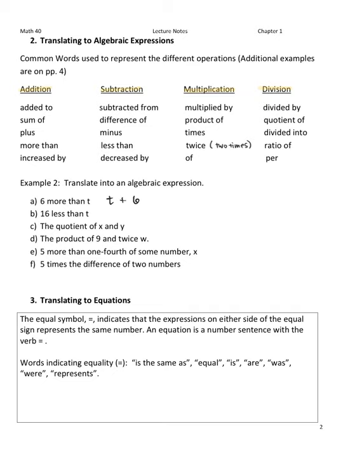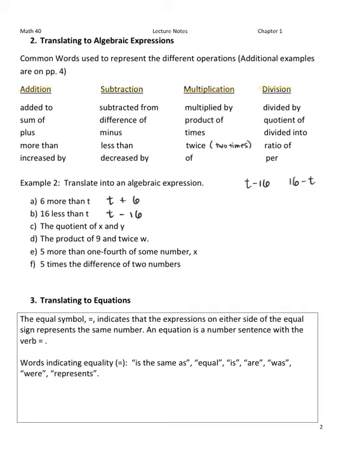Okay? B, 16 less than t. The phrase less than corresponds to subtraction. So 16 less than t is translated to t minus 16. Now, is t minus 16 the same as 16 minus t? Well, no. So the order in which we subtract affects the answer. But then how do we know which order is correct, right?